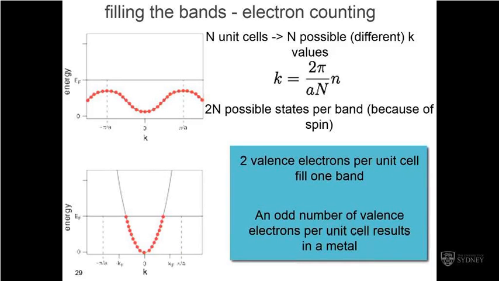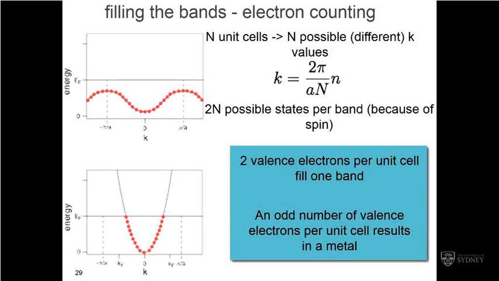So that means if we have a material that's got two valence electrons in the unit cell, then we can exactly fill one band, because that one band has 2N possible states, and we've got two electrons for every unit cell, and we have N unit cells.